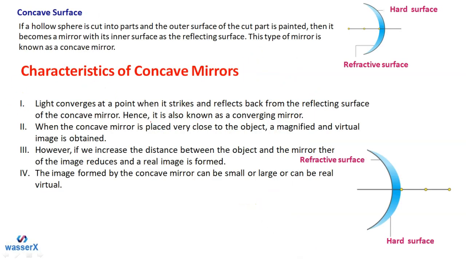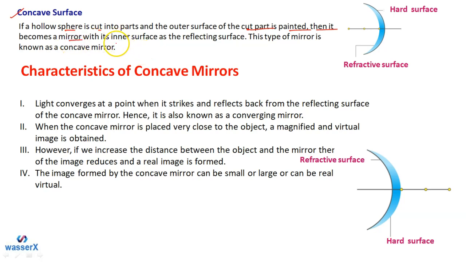Now, students, here is the concave surface. Again I will explain the concave surface. It is a hollow sphere, a cutout, as we saw in the previous few slides. It comes from a sphere, cut into parts, and the outer part is painted. When the outer part is painted, it becomes a mirror, right?